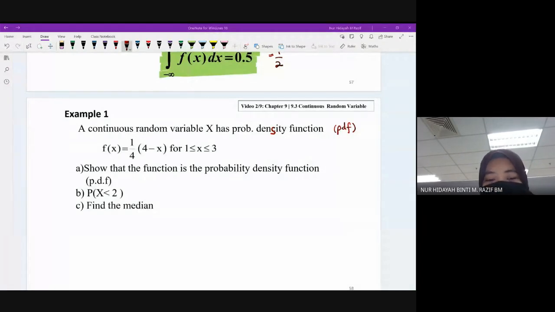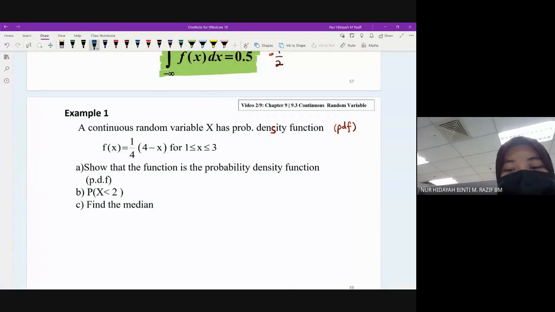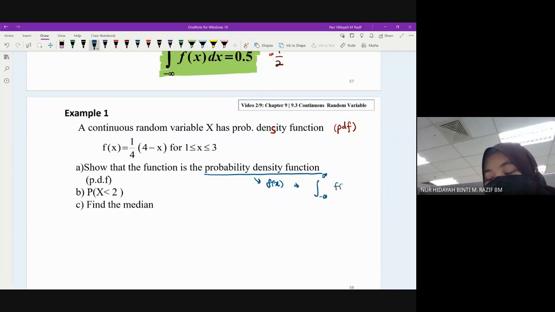Untuk soalan A ni, ingat kita ada properties ataupun info yang kita tahu yang mana sekiranya kita ada PDF, something yang fx tu adalah kita punya PDF, then you boleh integrate from negative infinity to infinity of small fx dx that should be equal to 1.